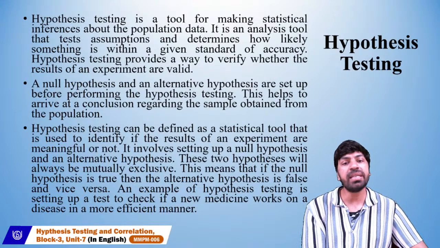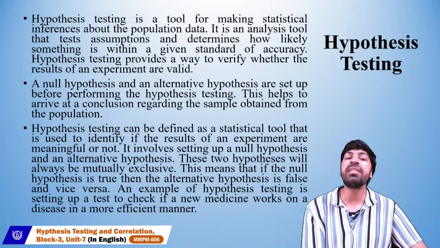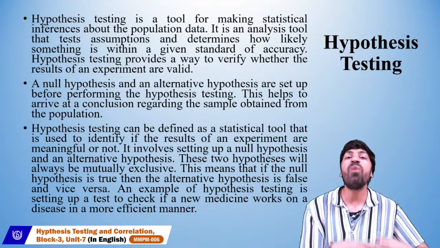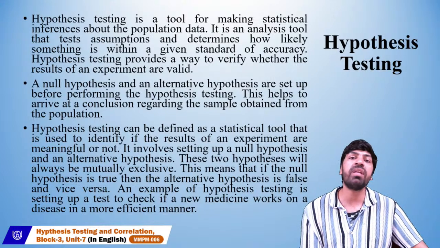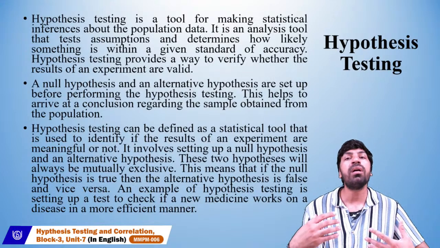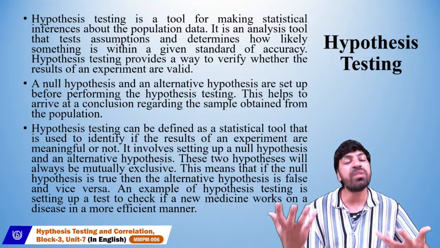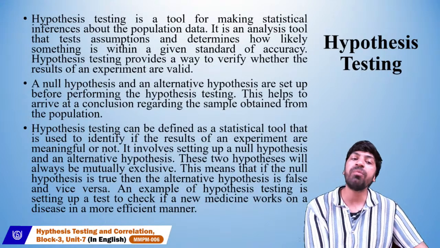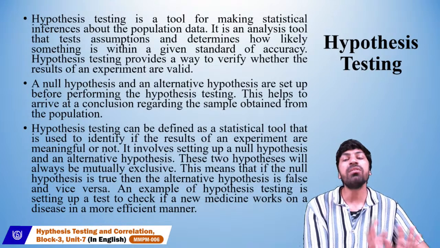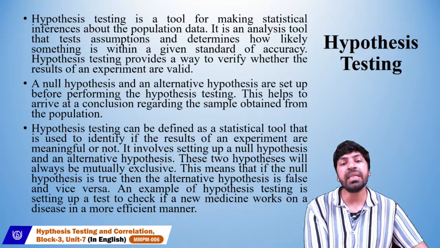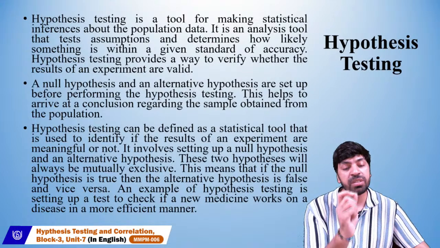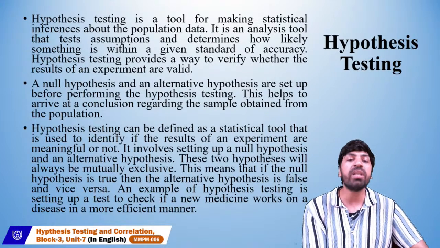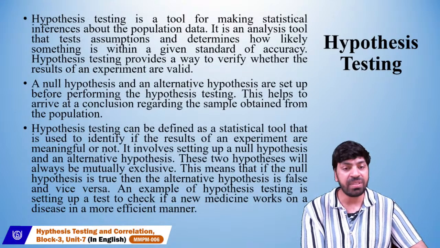So hypothesis testing can also be termed a statistical tool which is used to identify the outcome of the experiment, or whether we could get the exact results from testing the hypothesis or not. So this is a statement which a researcher needs to prove with sufficient evidence.